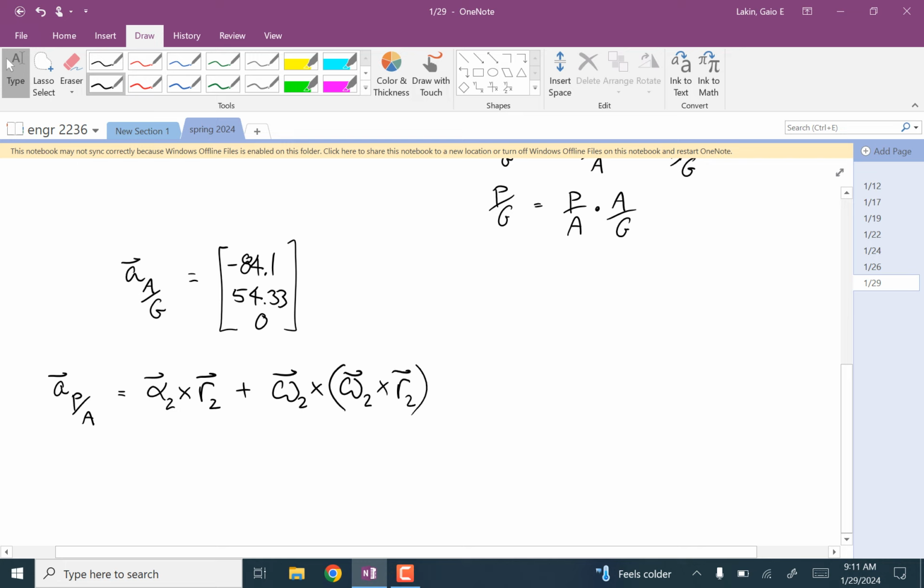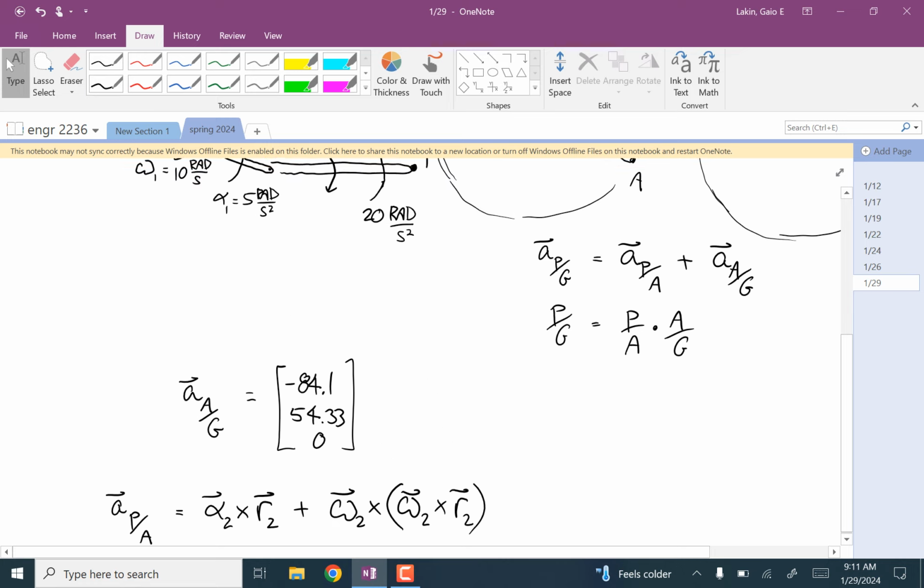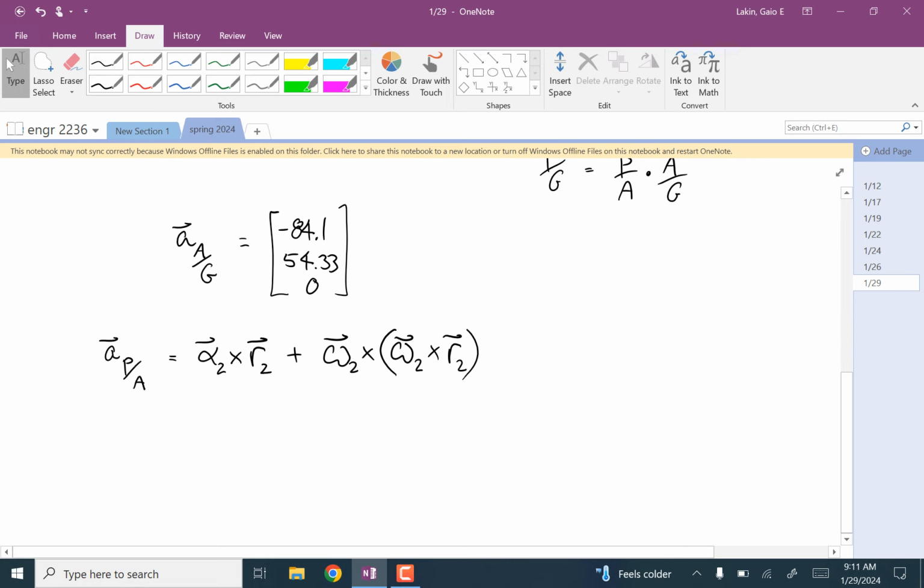And let's just start figuring out what these different vectors are. Okay, so first let's figure out what alpha 2 is.